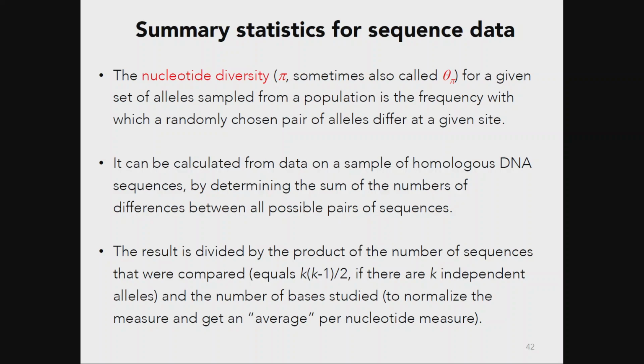And so we can calculate this from data on a sample of homologous DNA sequences by determining simply the sum of the numbers of differences. So let's say I take sequence 1 and sequence 2 in my comparison, and I check how many differences I have between them.